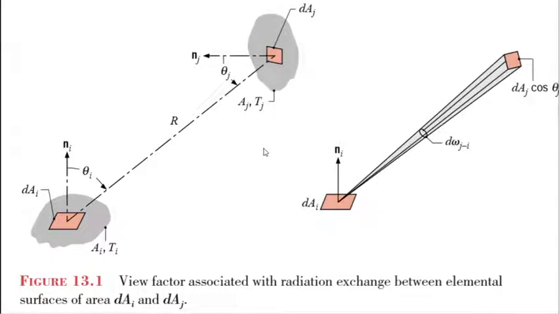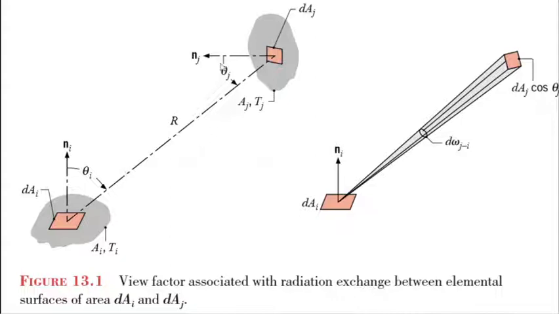This is dAi, and this is Ni, which is the normal to that, and the line of radiation that reaches dAj, which is dA2 in our case, has length R. We said S in our diagram.